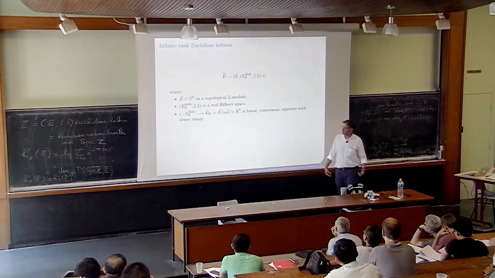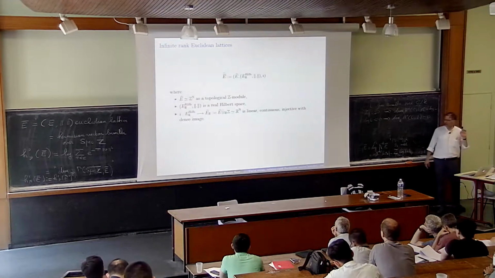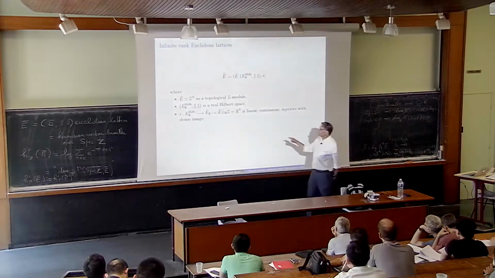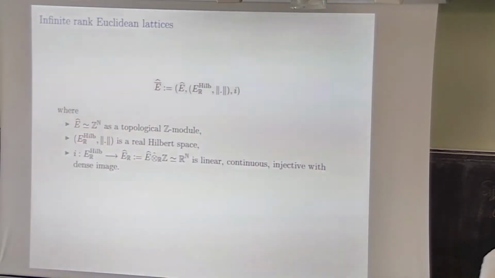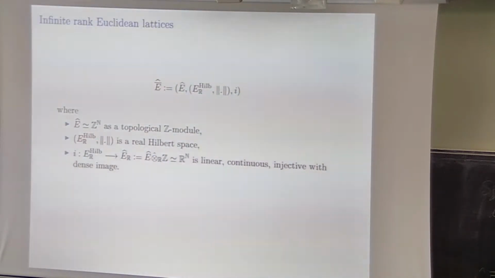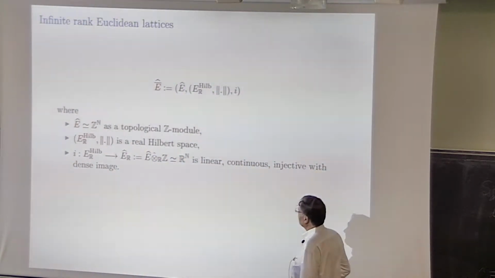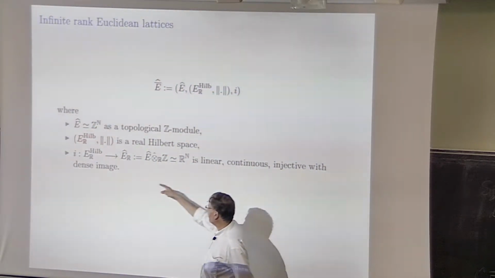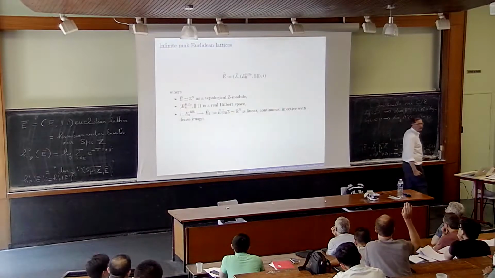And you require this map I to be linear, continuous, injective with dense image. So you see, it means that inside this space of sequences, you have a slightly smaller space that is a Hilbert space, and that is dense. You can think of this as some kind of extended Hilbert norm on R^N that will be finite on this subspace and will take the value plus infinity elsewhere, if you want.